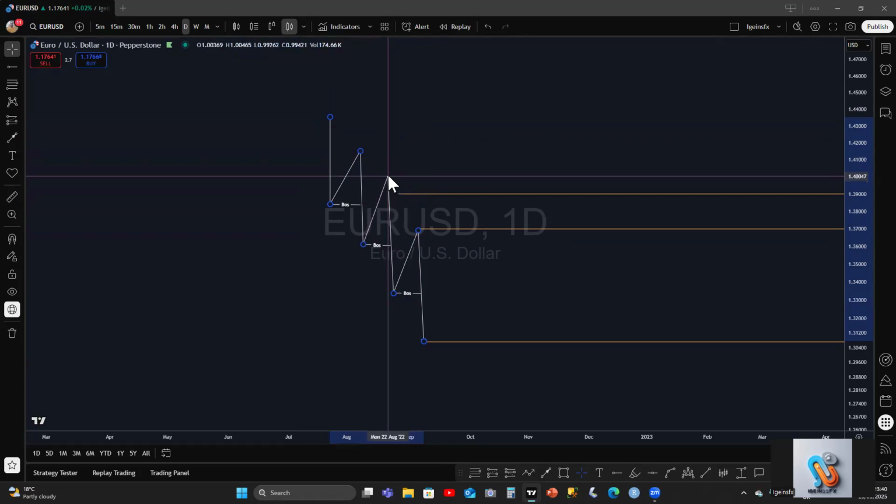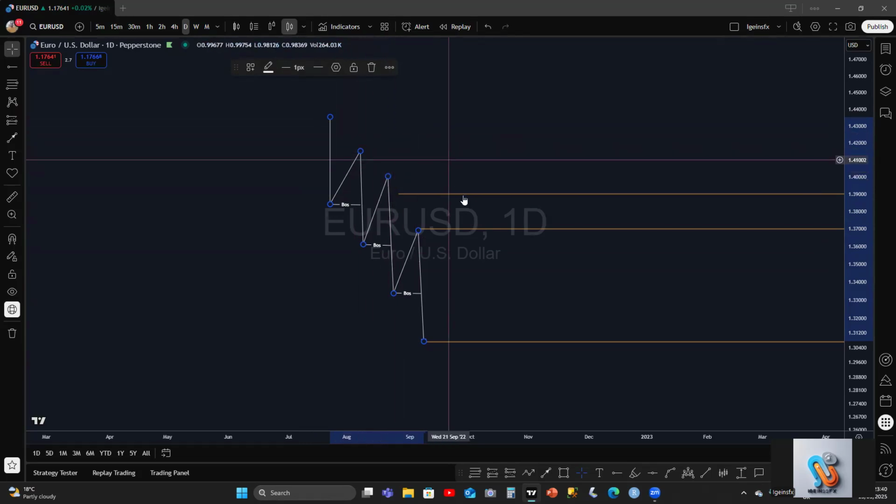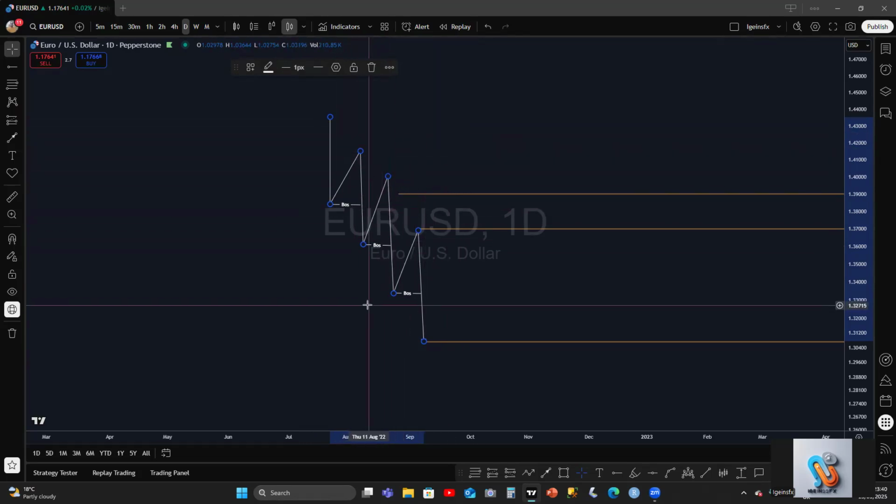All right. So once you're on a bearish trend and a resistance is violated, just know that that is a market shift. And once you're on a bullish trend and a support is violated, just know that it's a market shift. The market is trying to shift from a bullish state to a bearish state.